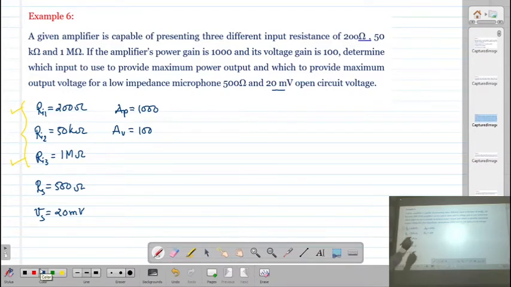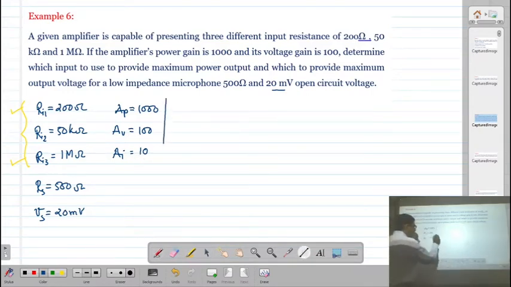Okay, so first of all here, the power gain is given to you, voltage gain is given to you, then naturally your current gain will be equal to 10. Correct? Because AP is equal to AV into AI. And from that, here we can calculate AI is equal to 10.